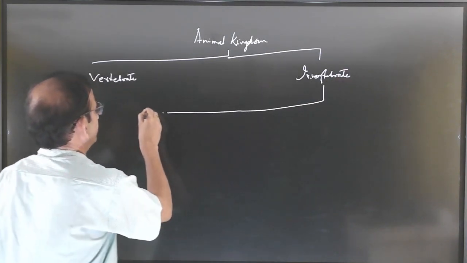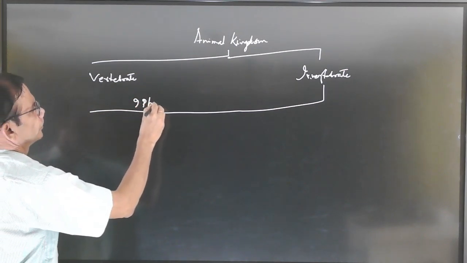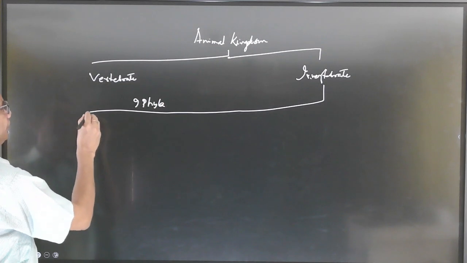These invertebrates are then divided into 9 phyla. What are these?